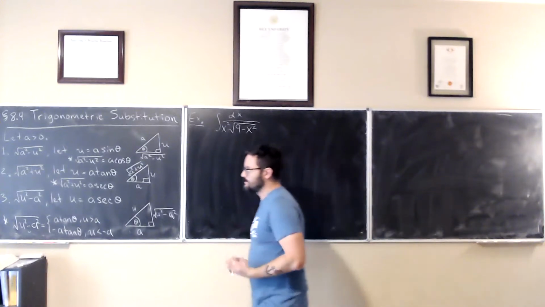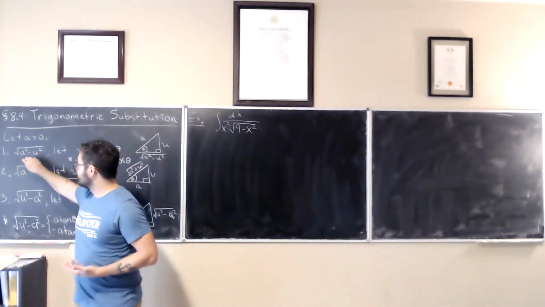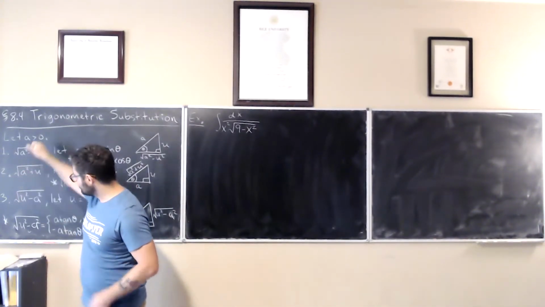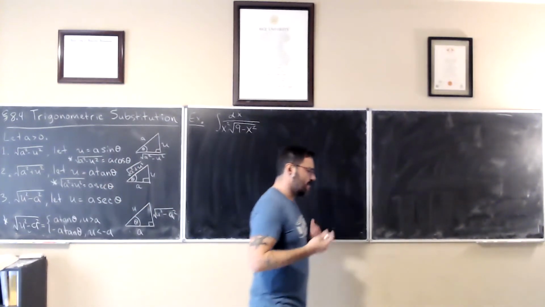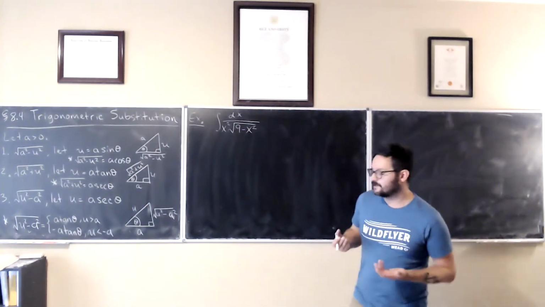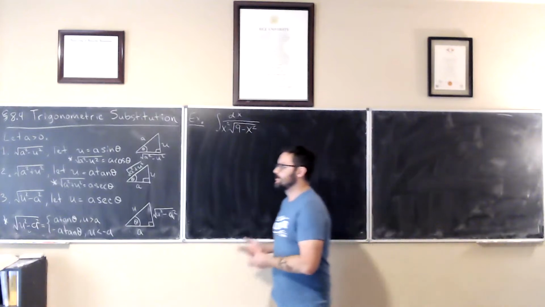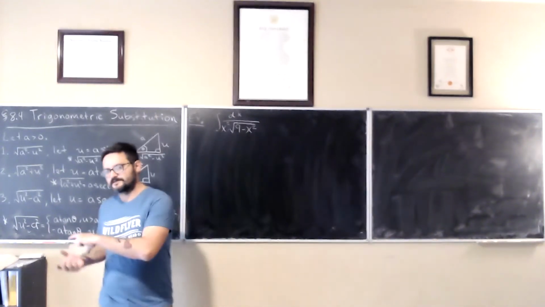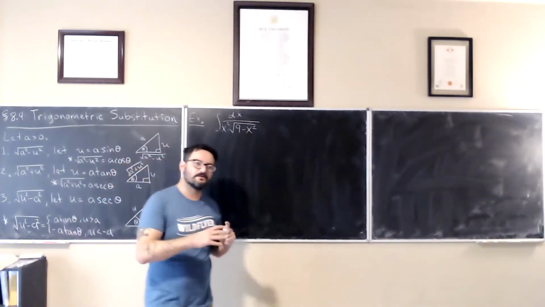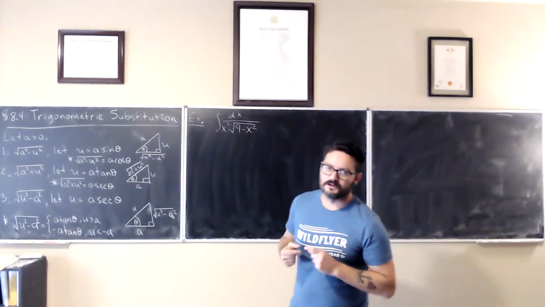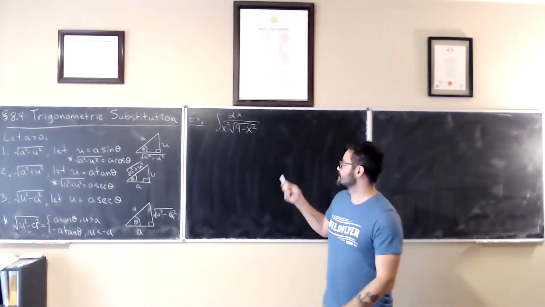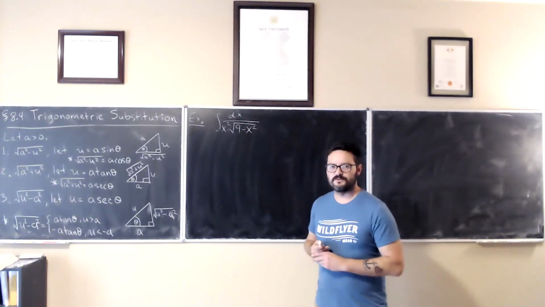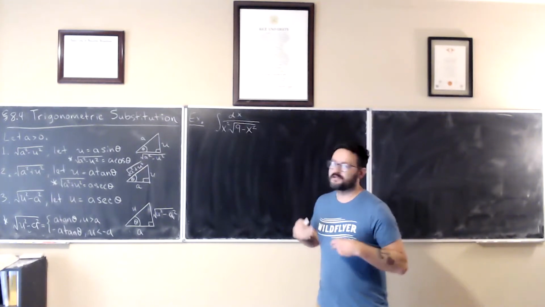If we assume that one of these forms is the length of one of the sides of a right triangle, then we can use trig identities to convert the integral in terms of x to an integral in terms of the angle on that right triangle. It seems kind of jumbled, but I think this first example might illuminate it a little bit.